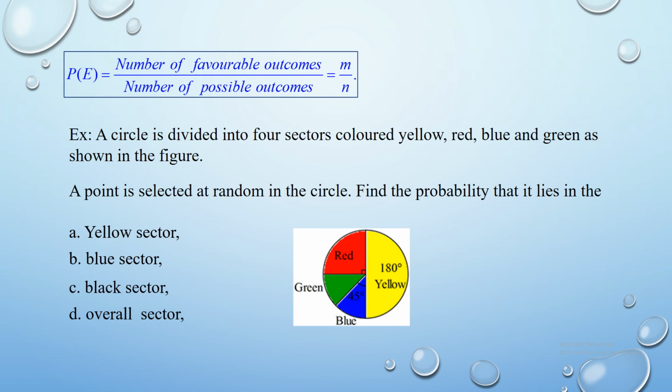Like what you see, there are 4 color sectors here: yellow, red, blue, and green. So we are going to find the probability of each sector by using the classical definition of probability formula.